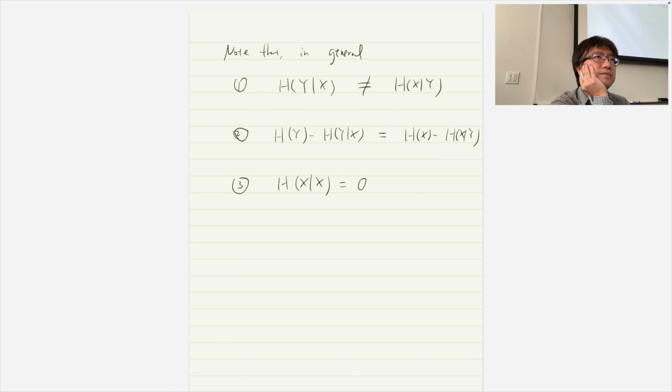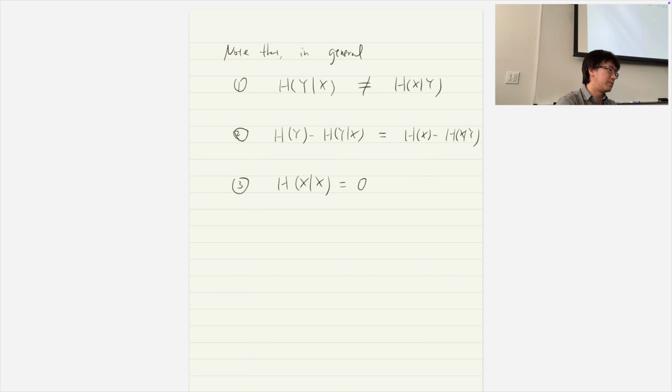Because the probability of x happening, given we know x is happening, is going to be 100%. Exactly, so there's no uncertainty. Your name is Jilang? Yes. He basically gave you the proof, but intuitively it makes sense. If we know x, there's no uncertainty about x anymore. That's why it's 0.